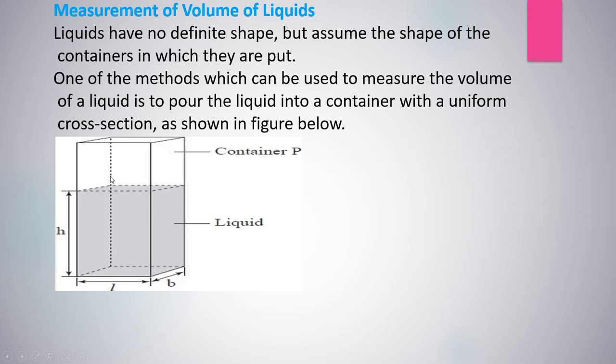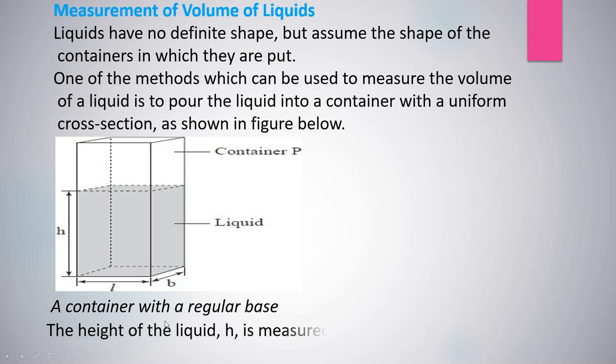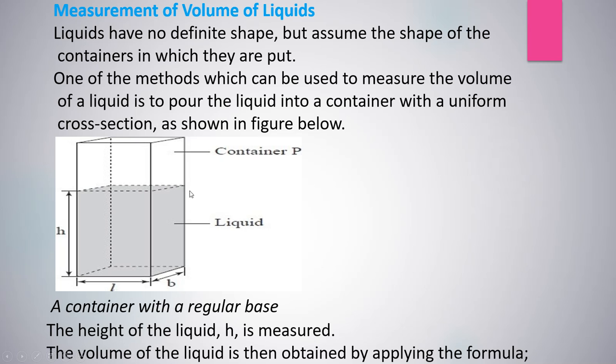For example, if you pour water in this and the level is up to here, since this is regular, in the form of a cuboid, we can find the volume of this liquid by taking the length times breadth times the height of the liquid. So a container with a regular base, and the height of the liquid h is measured.